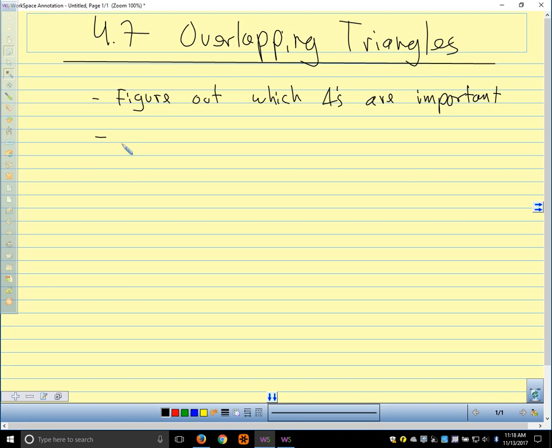And then we need to figure out what pieces they share. Might be a segment, it might be an angle, something that when our triangles overlap, there's some piece of information that they might share. It can be helpful to redraw a picture with separate triangles.